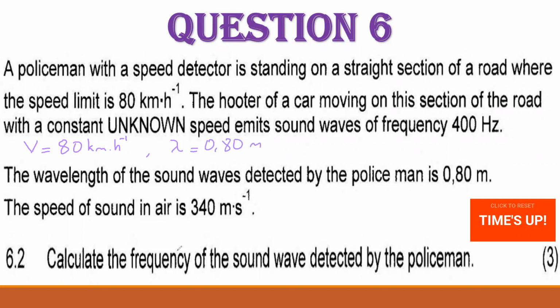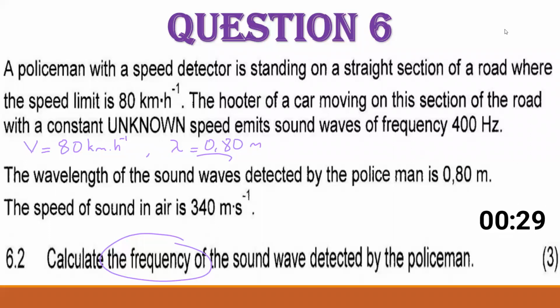We are looking for frequency. You know wavelength and are looking for frequency. This one is not about just the straight Doppler effect, just an easy one from wavelength to frequency, from the topic waves. So please try first. If you know wavelength, how are you going to get frequency?